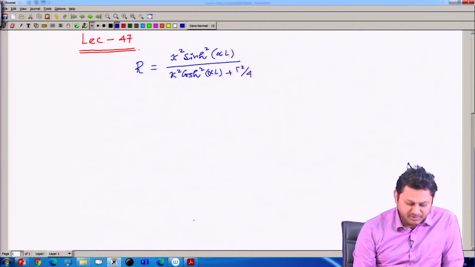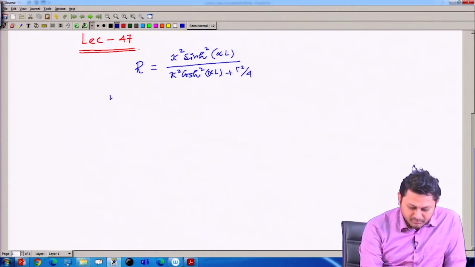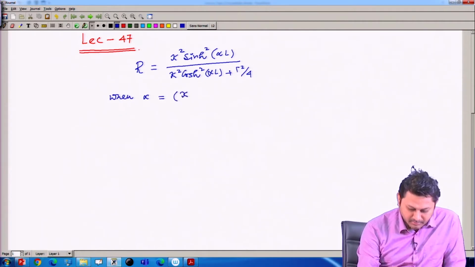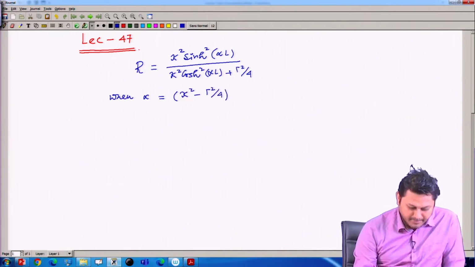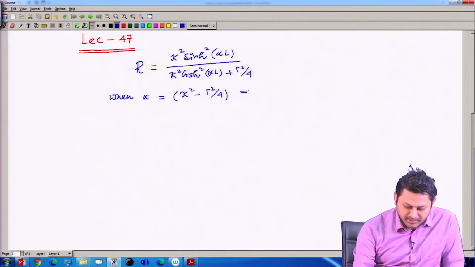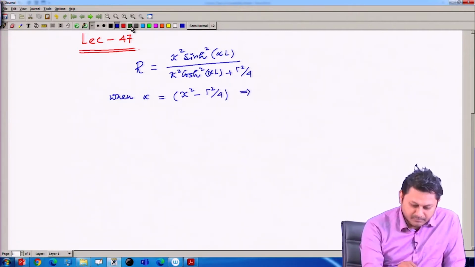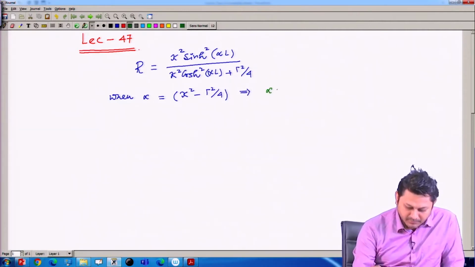That was the expression we derived when alpha was defined as the square root of kappa square minus gamma square divided by 4, and in this condition we have alpha greater than 0, and for that we had an expression like that.